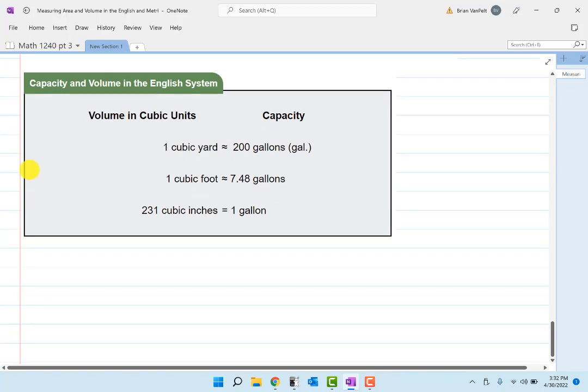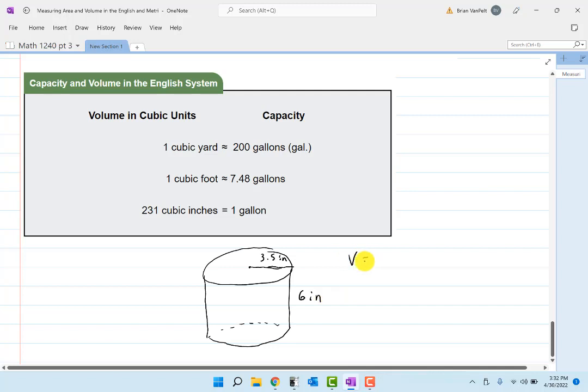A funny story should happen as a result of that. I was looking this up, trying to figure out how that is actually exactly equal, and I found out. What they tried to do to define a gallon is they took a cylinder, and the radius of this is 3.5 inches, and the height of it is 6 inches.